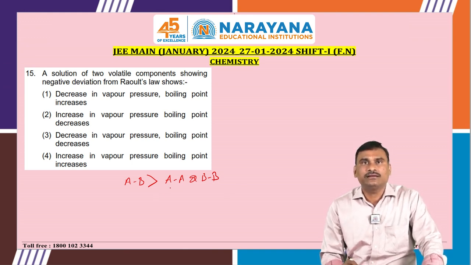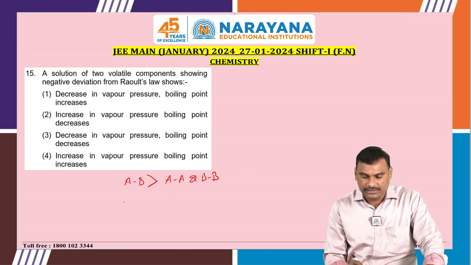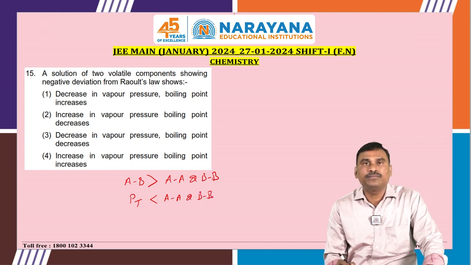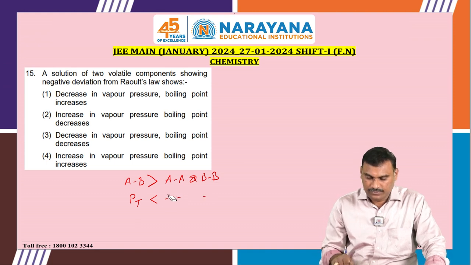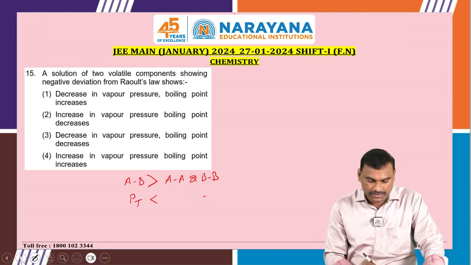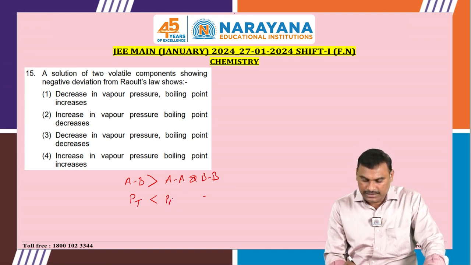After mixing, the intermolecular forces are greater than before mixing, then automatically the total pressure is lesser than for A-A and B-B. Since before mixing the interactions are weaker than after mixing, therefore the P total is lesser than PA plus PB.